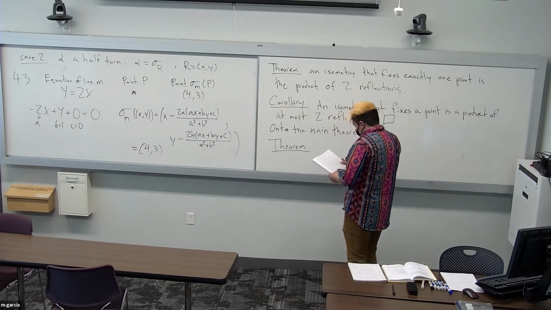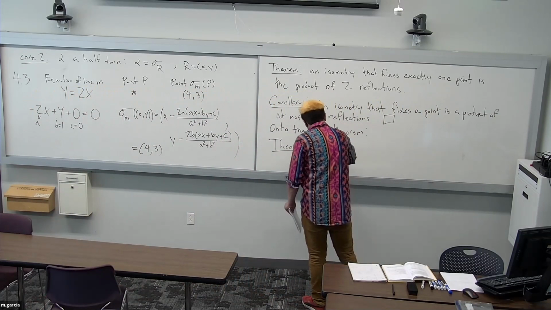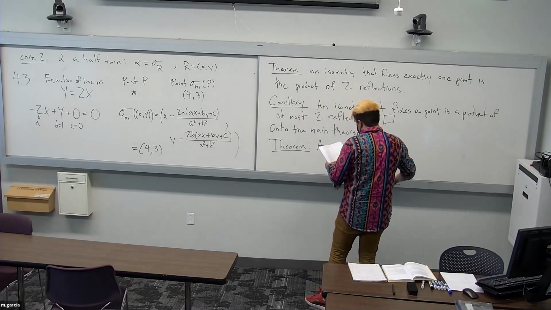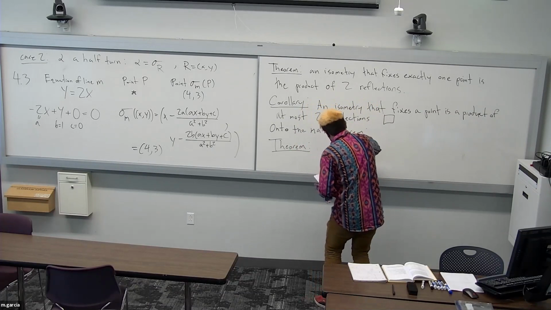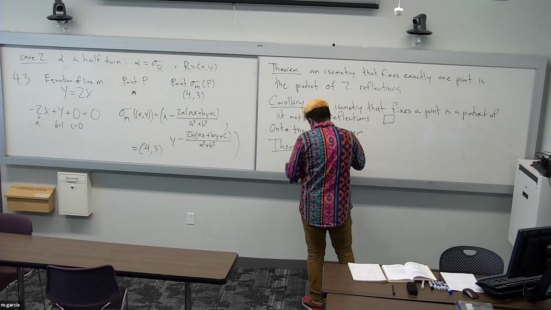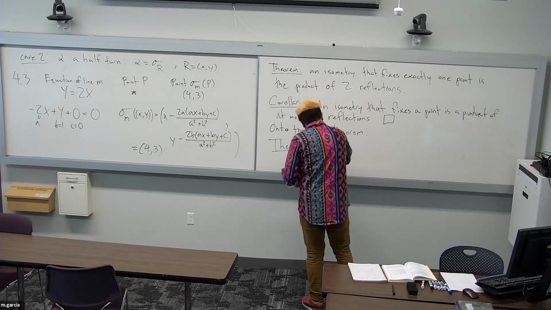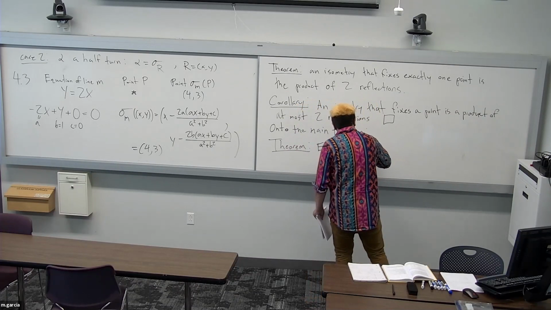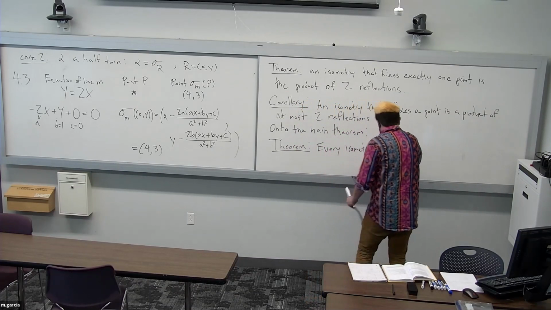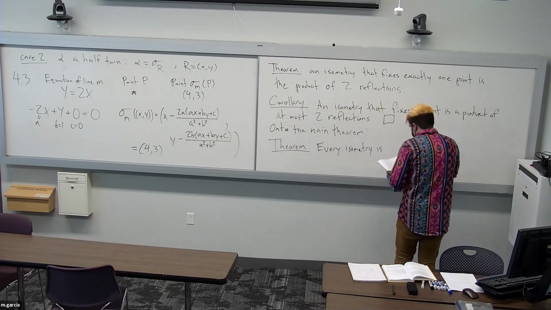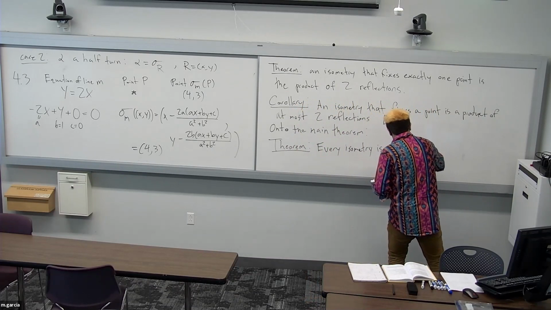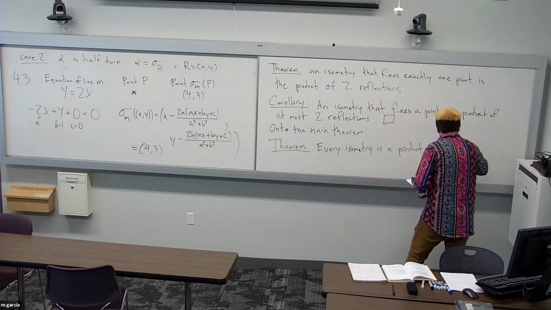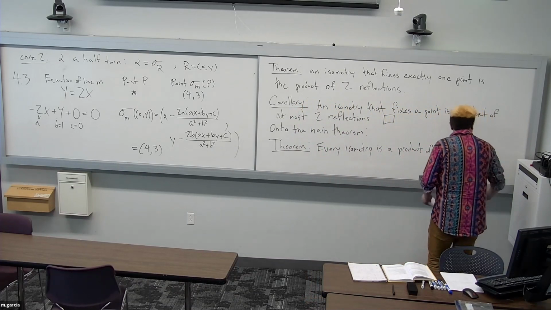Let me just say this. Every isometry is a product of, at most, 3 reflections.